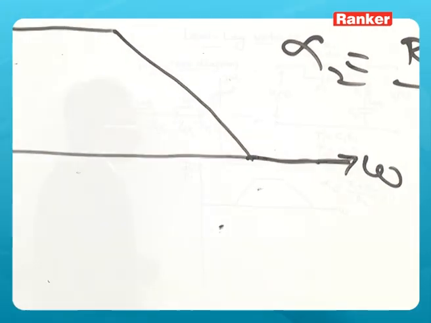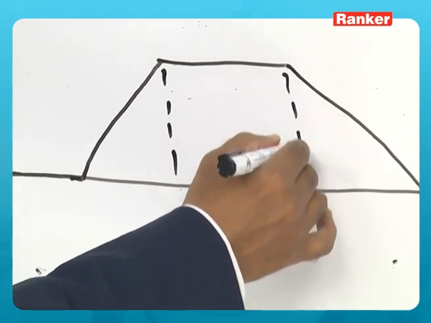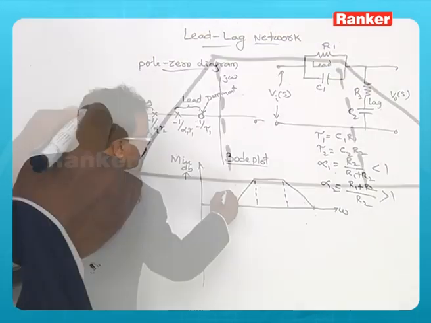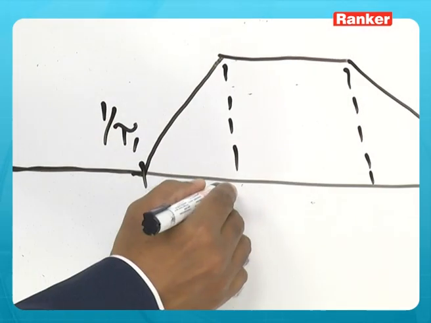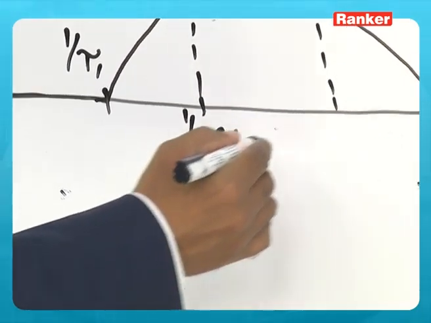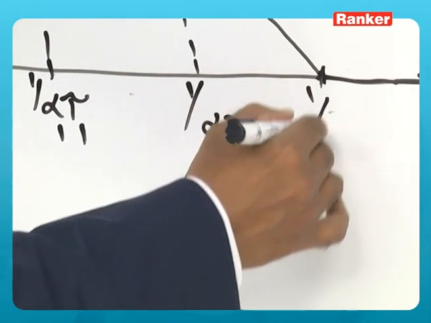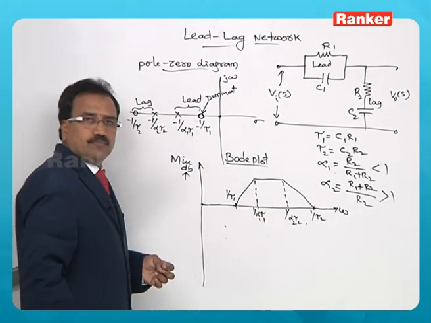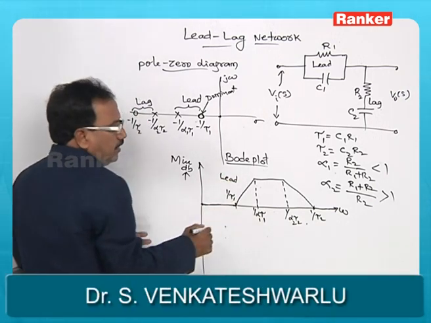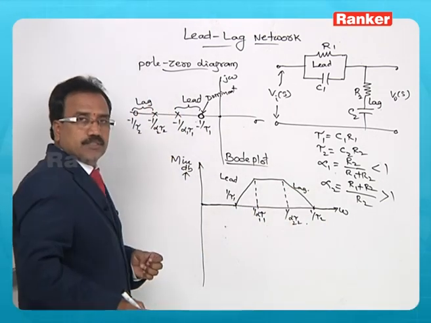It goes this way, and the corner frequencies are 4 here also: 1 by tau 1, 1 by alpha 1 tau 1, 1 by alpha 2 tau 2, 1 by tau 2. So this part is the lead part of the lead lag network, and this part is the lag network.